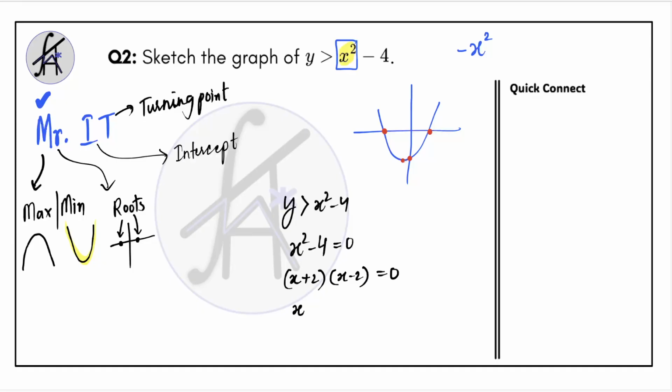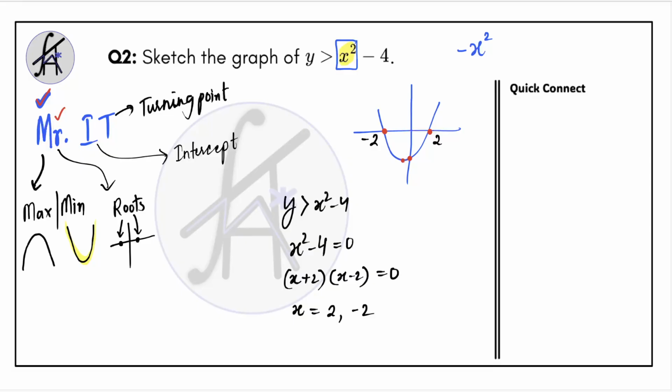Now the value of x is 2 and minus 2. That means this point is negative 2 and that point is 2. We are done with 2 things. Let's keep marking. So M is done, R is done, I. Intercept is very easy. It is the constant value, or we can simply say that the intercept is where the graph cuts the y-axis.